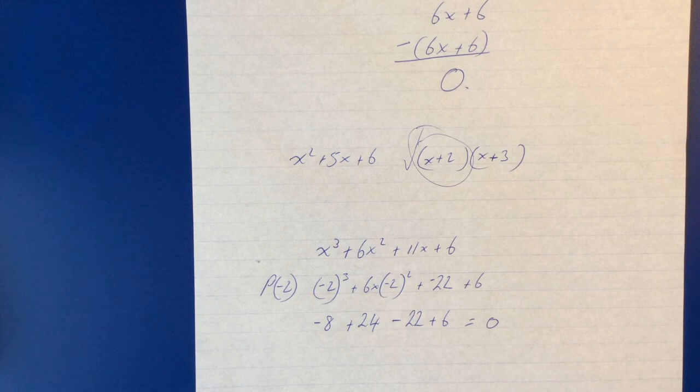It's a shortcut. You can confirm it with long division. Factor theorem may be a result in itself. It may just allow you to find the genuine factors of a quadratic or a cubic or a quartic or whatever, although why you'd go to the bother with a quadratic I don't know, but theoretically it's possible.